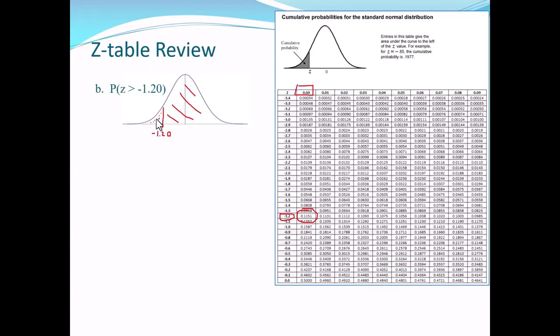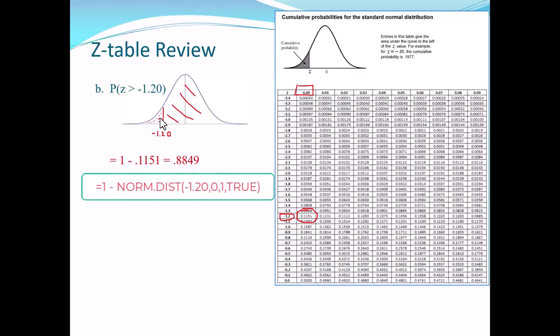That's not the greater than probability. That's the polka dots, the red dots. That's the less than probability. And so I need to use that. What we do is subtract that from 1. And so the probability z is greater than negative 1.20 is 0.8849.